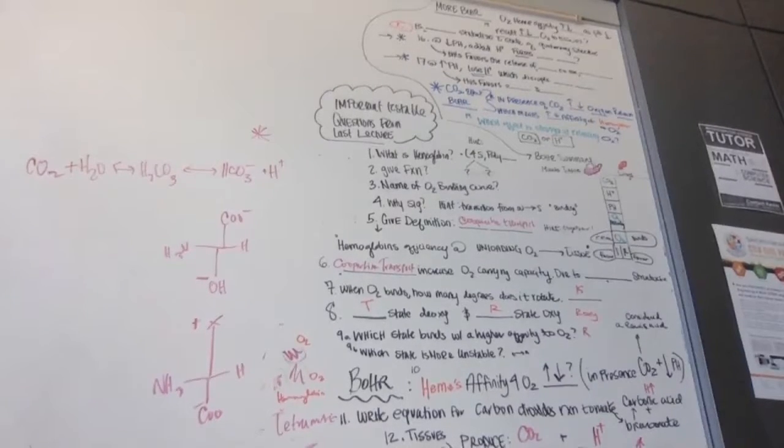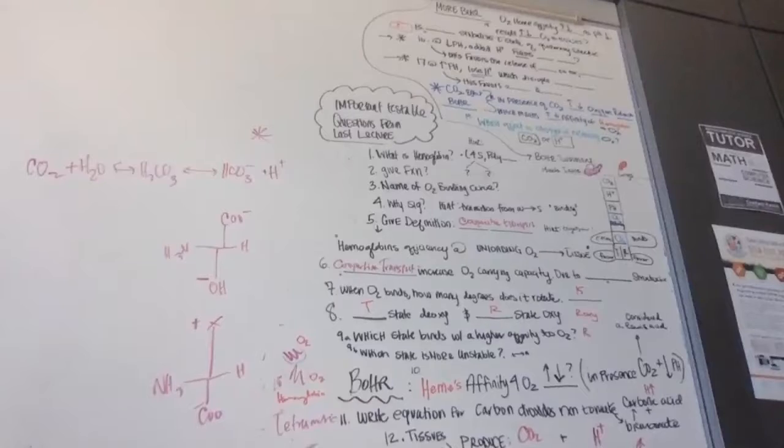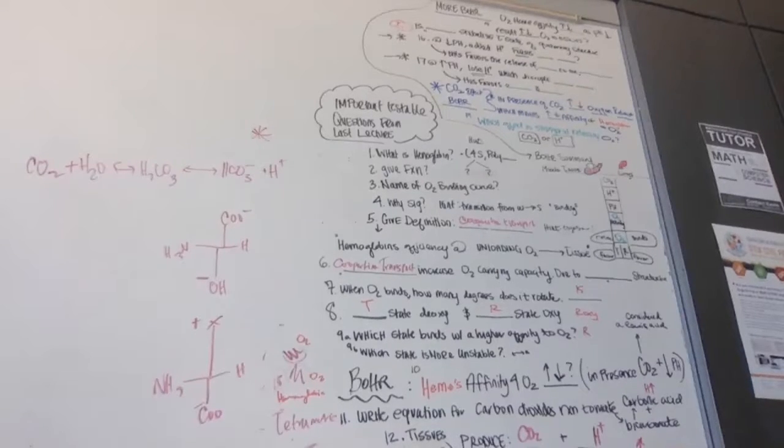So number 16, at a low pH, which is also a high acid, the added acid forms a lower pH. I'm just kidding. Added acid forms... wait, what are you saying? So basically you're saying at a high acid, added acid forms.